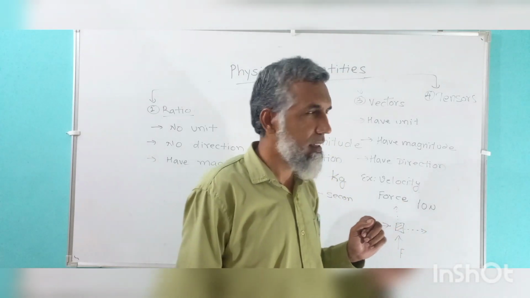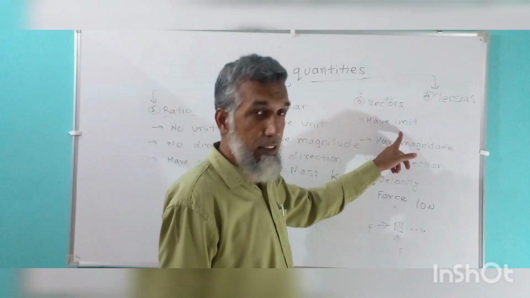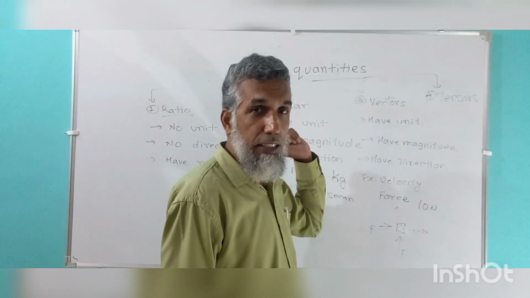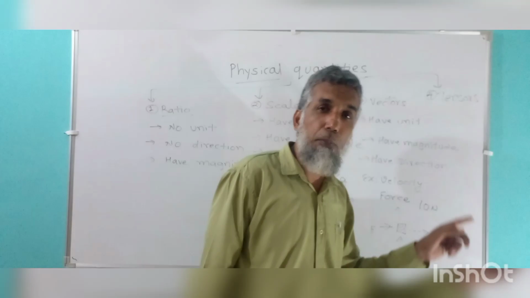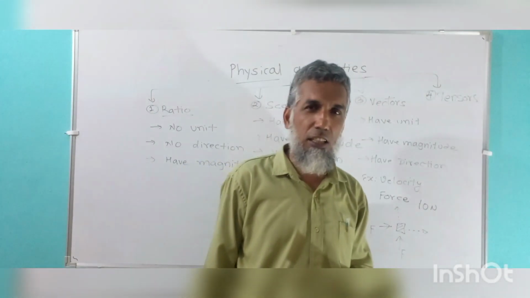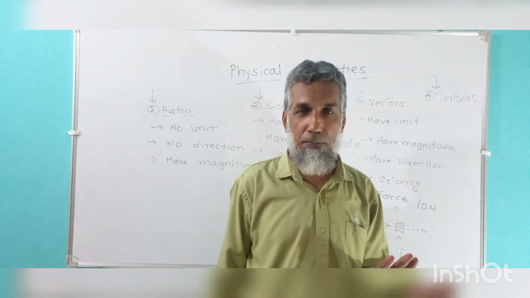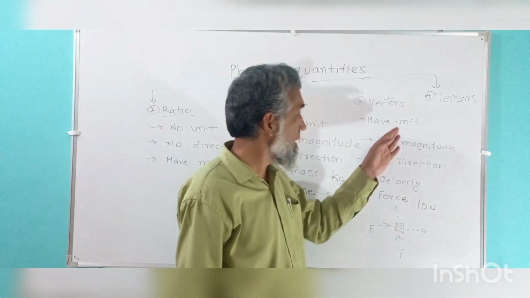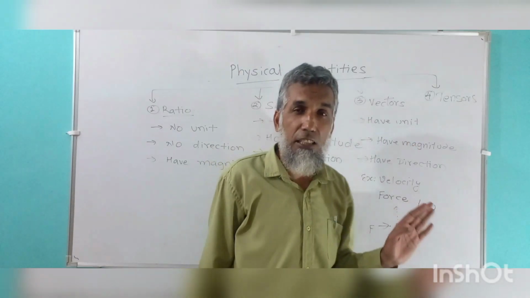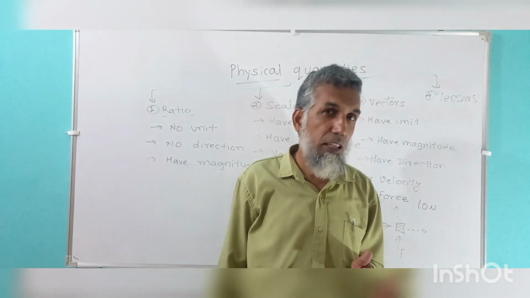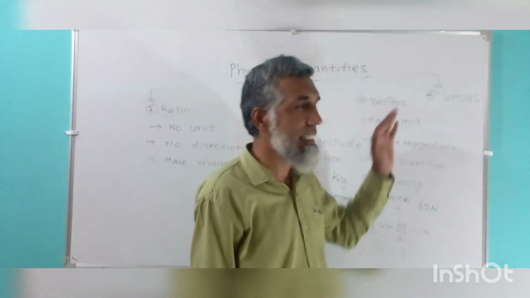They have unit, magnitude, and direction, but even after these three, the picture is not clear. Although you assign the unit, magnitude, and direction, it is still difficult to understand them fully. Such quantities are known as tensors.